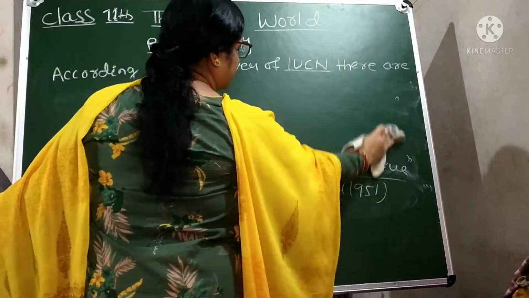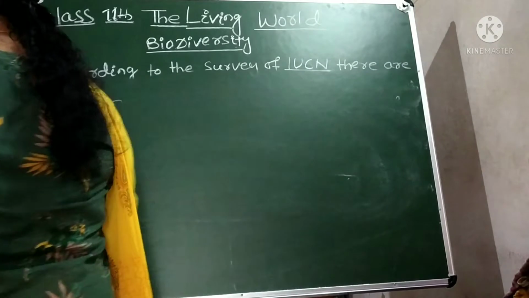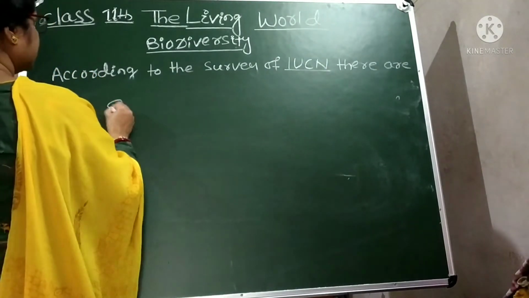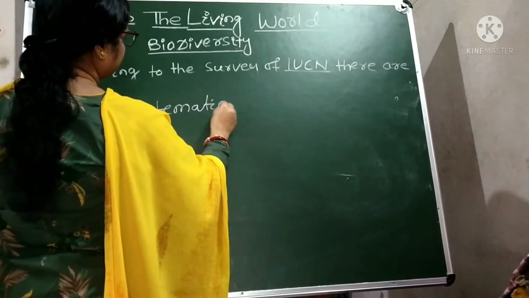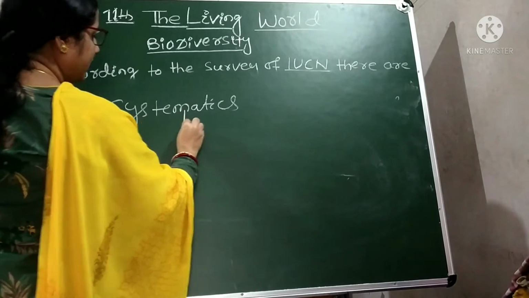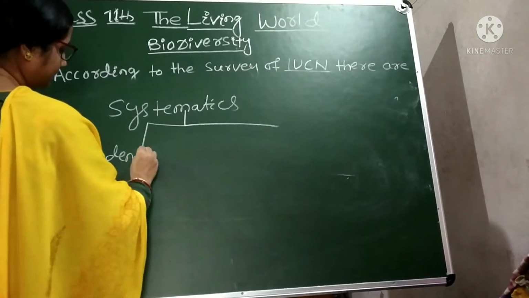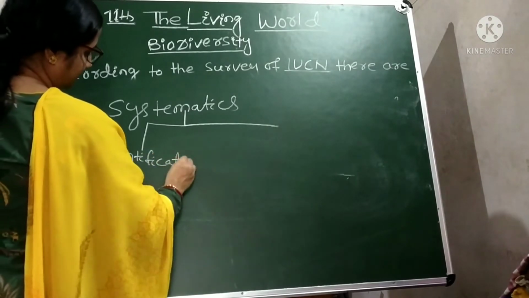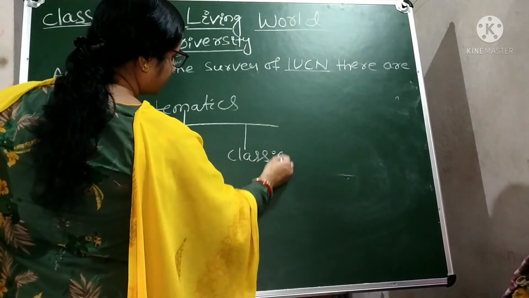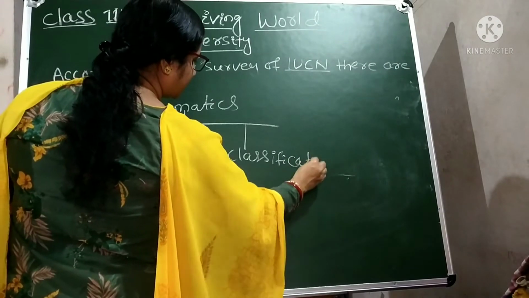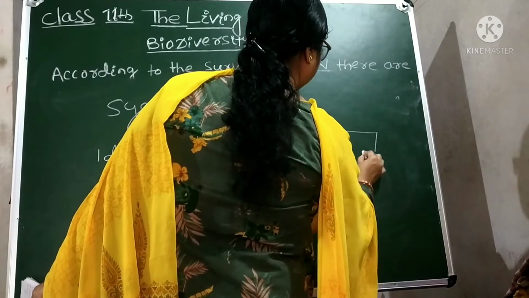Linnaeus classified systematics into 3 different groups. Linnaeus said that systematics can be classified into identification, classification, and nomenclature.